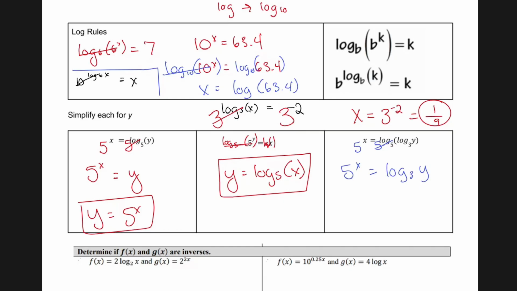Why don't we base 3 both sides? So base 3 both sides, so that cancels out, and you're left with y equals, this is weird, 3 to the 5 to the x. I don't have enough space to flip it around, so I'm going to leave it like that. 3 to the 5 to the x. Strange!